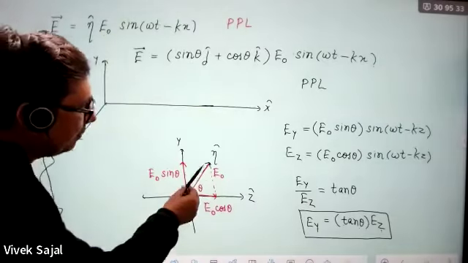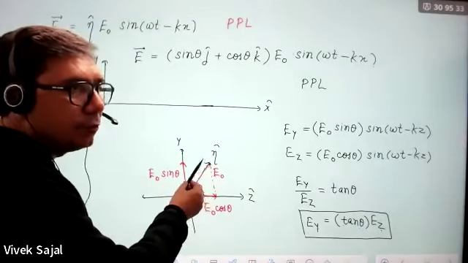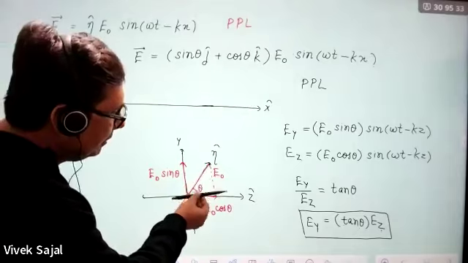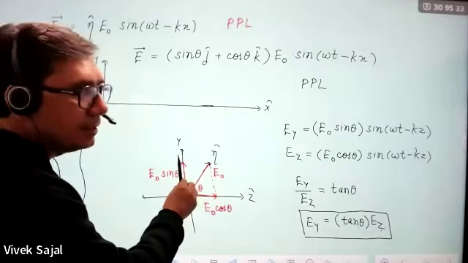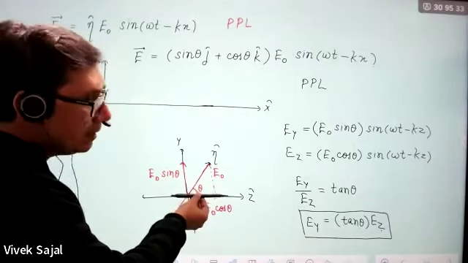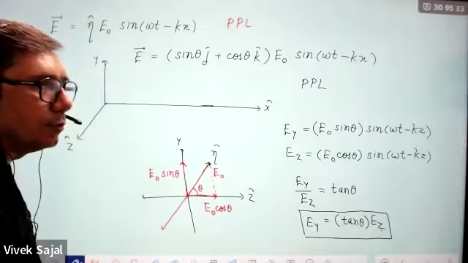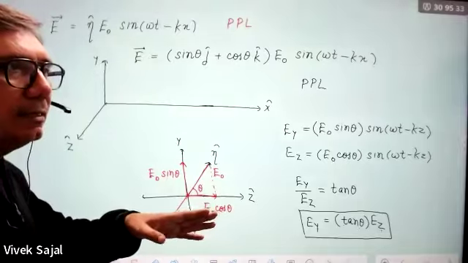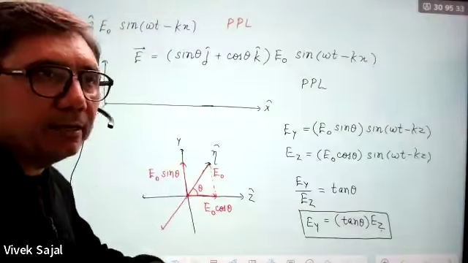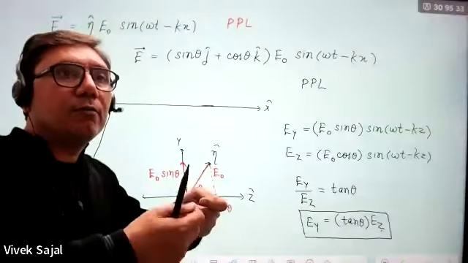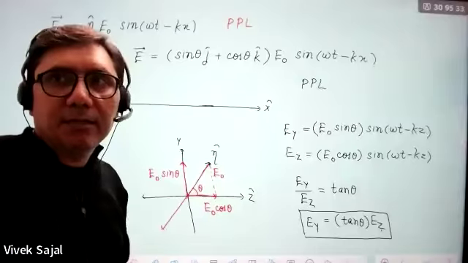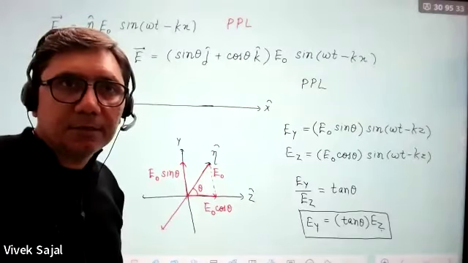Here, this was our electric vector. I have resolved this electric vector in this direction and this direction. So the electric vector of a plane polarized light can always be resolved into two mutually perpendicular components.